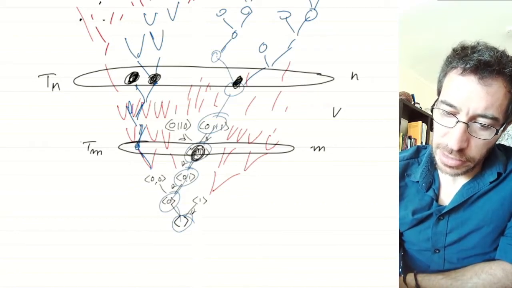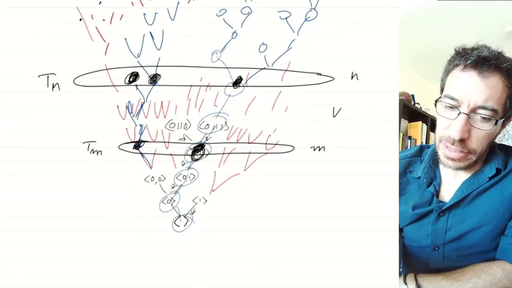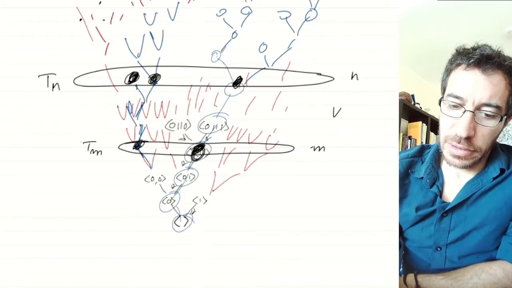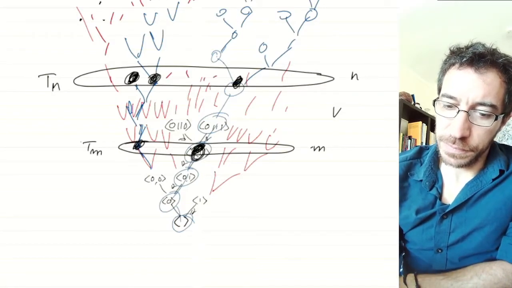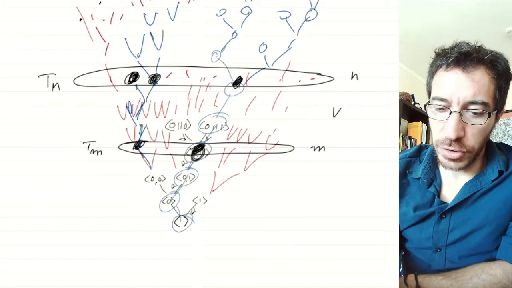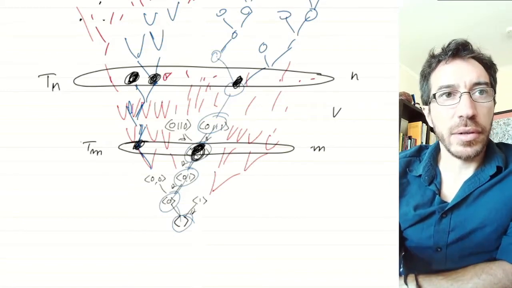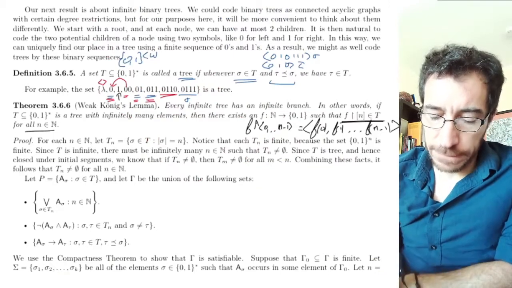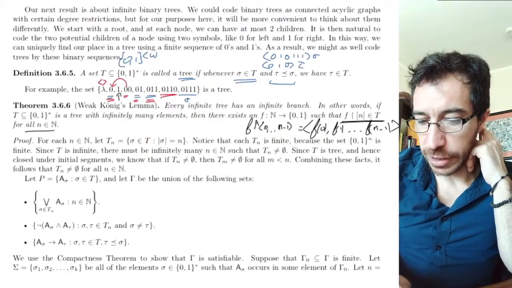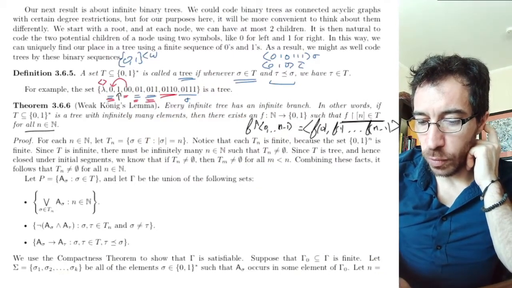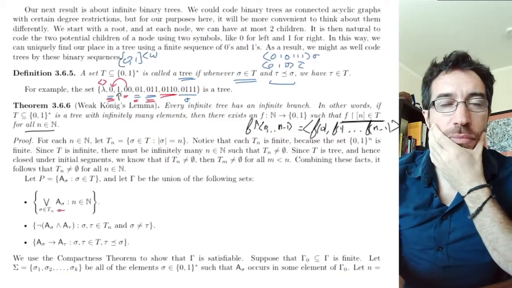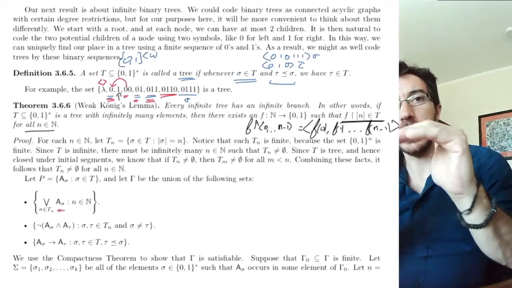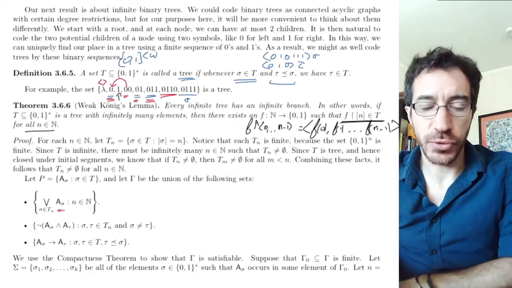Tn contains this one and this one, and not the other ones that don't belong to the tree. So for each of those sigmas, we are considering a sentential variable, A sub sigma, and it's saying one of them is true. So at each level in the tree, one of them is true.